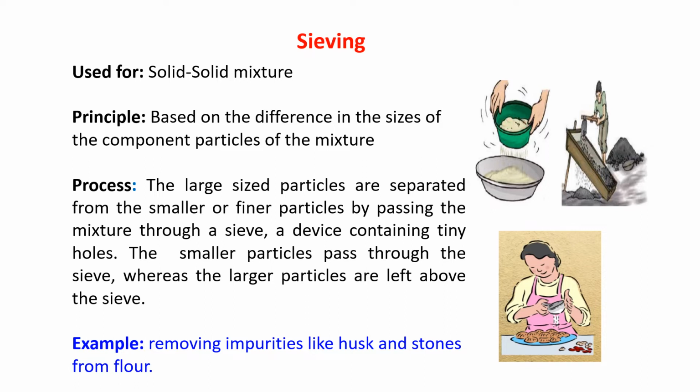The smaller particles pass through the sieve and the larger particles are left above the sieve. For example, removing impurities like husk and stone from flour. You all know the method of sieving.